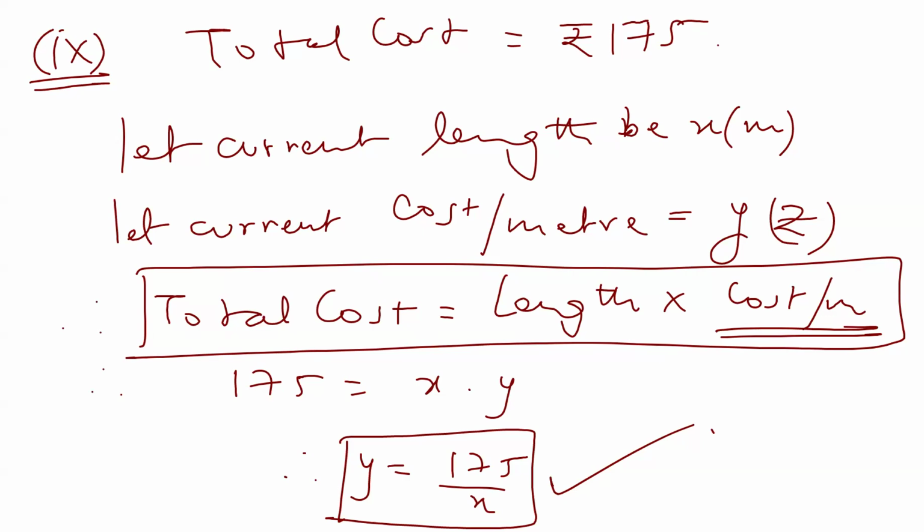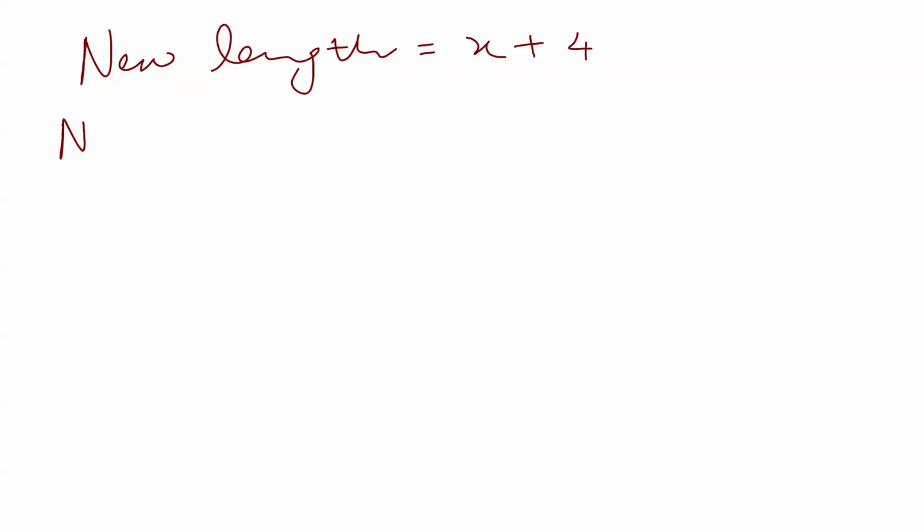Okay, so next statement, if the piece were 4 meter longer, so new length is equal to x plus 4. The current length was x, it is increased by 4 meters. Then the cost per meter is rupees 5 less. So the new cost per meter will be what? Original cost per meter is y.